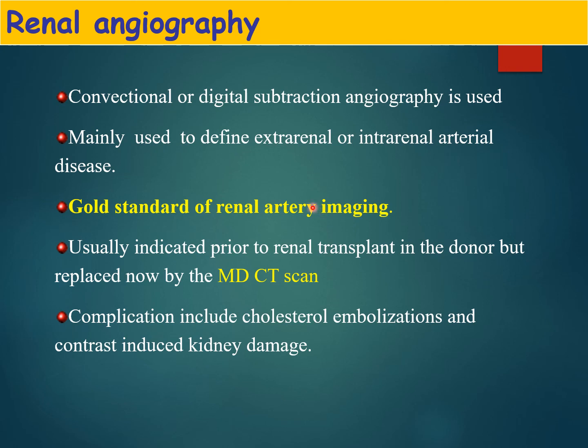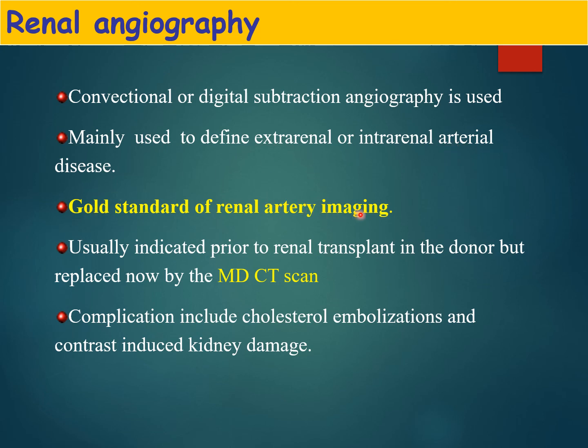This is the selective one. But there is something called conventional or digital subtraction angiography. It's a nice machine, delineating the renal vessels in a good way, mainly used to define the extrarenal or intrarenal arteries. The renal arteries are very important to diagnose if there is a certain disease.